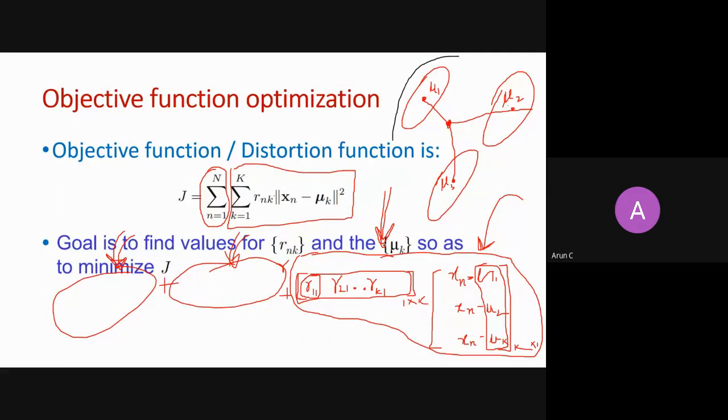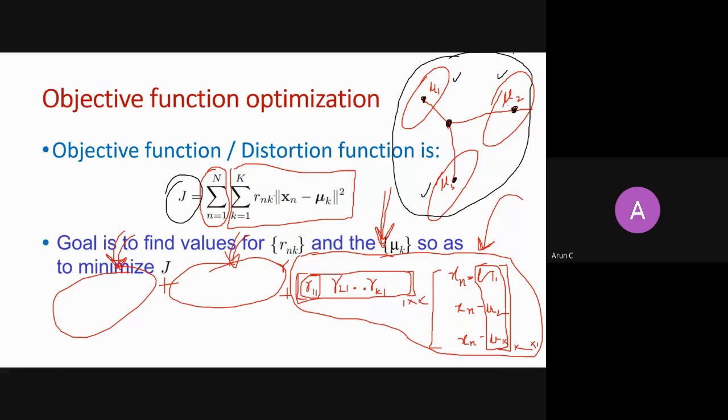So see here, let's say this is my figure. All the mu's are fixed here. I want to know whether this point should belong to the first cluster, the second cluster, or the third cluster. To minimize my cost function j, what should my r vector be?